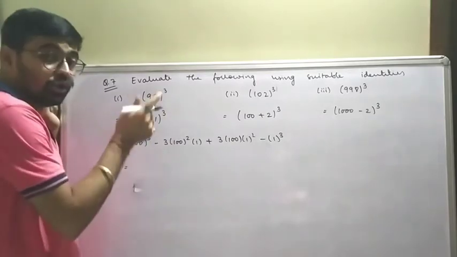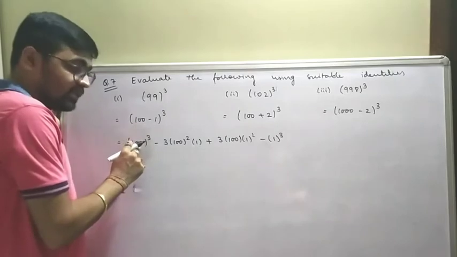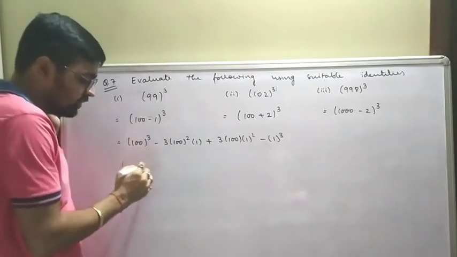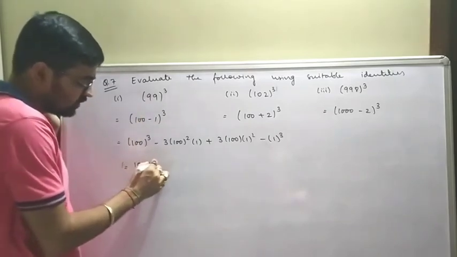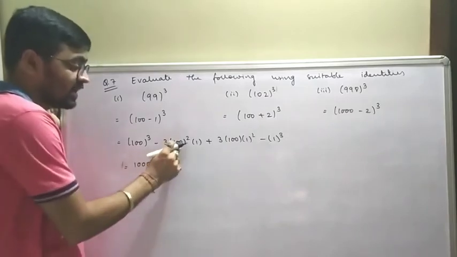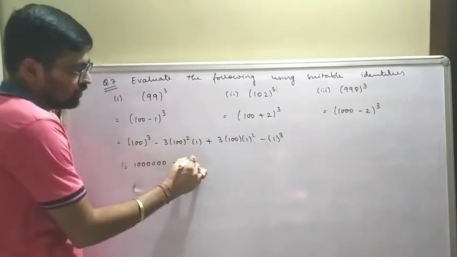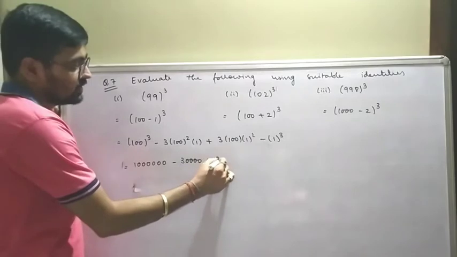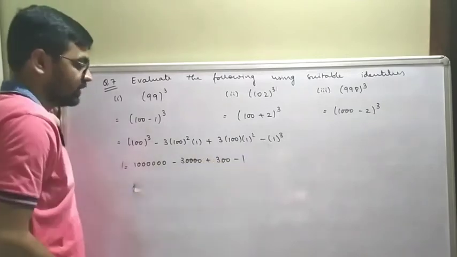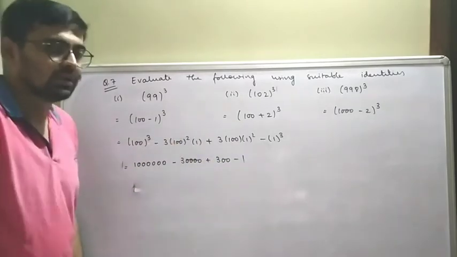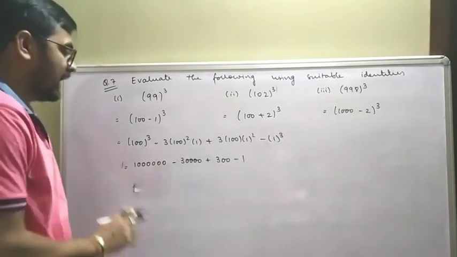Now 100 cube, pay attention, if there are 2 zeros present and it is a cube, then it will become 6 zeros. 1 2 3 4 5 6, minus 3 into square 4 zeros, 1 2 3 4, plus 300 minus 1. You need to calculate this. That's what I can tell you.